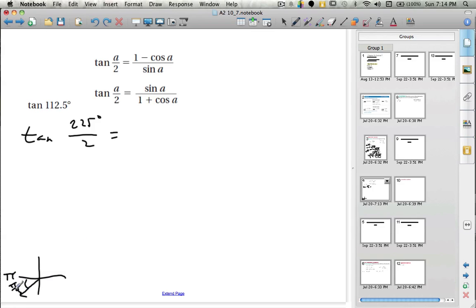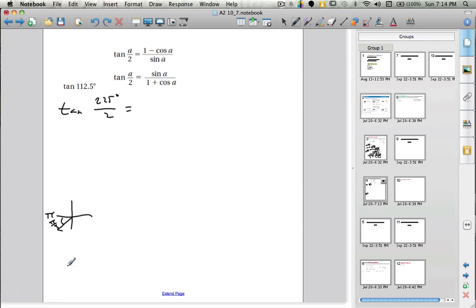So this is 4 pi over 4 plus 1 pi over 4. It's 5 pi over 4 is what the angle 225 is. And it's got a negative sine and a negative cosine, but they're both square root of 2 over 2. I don't know which one of these is going to be easier. I'm just going to decide to use the bottom one here. I think I'd rather add than subtract. So I know I'm going to have negative root 2 over 2 over 1 plus negative root 2 over 2.